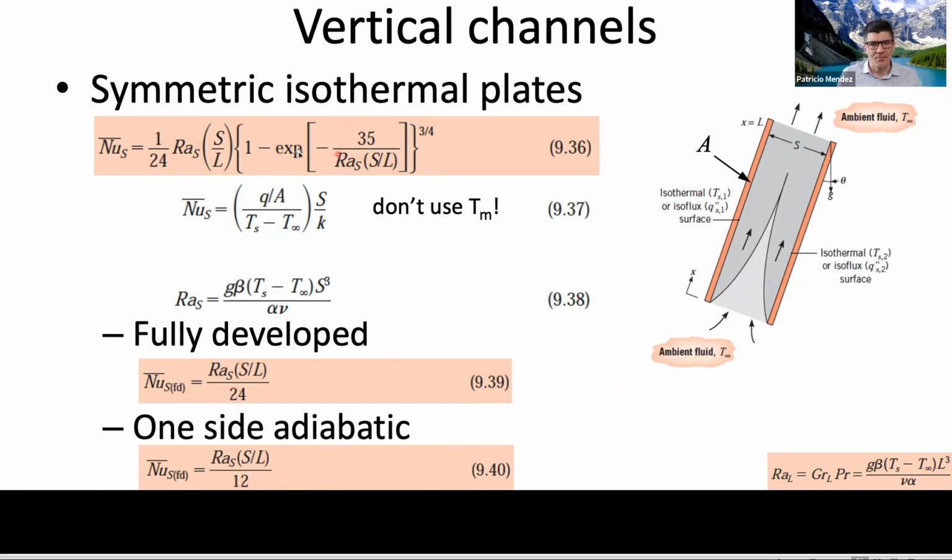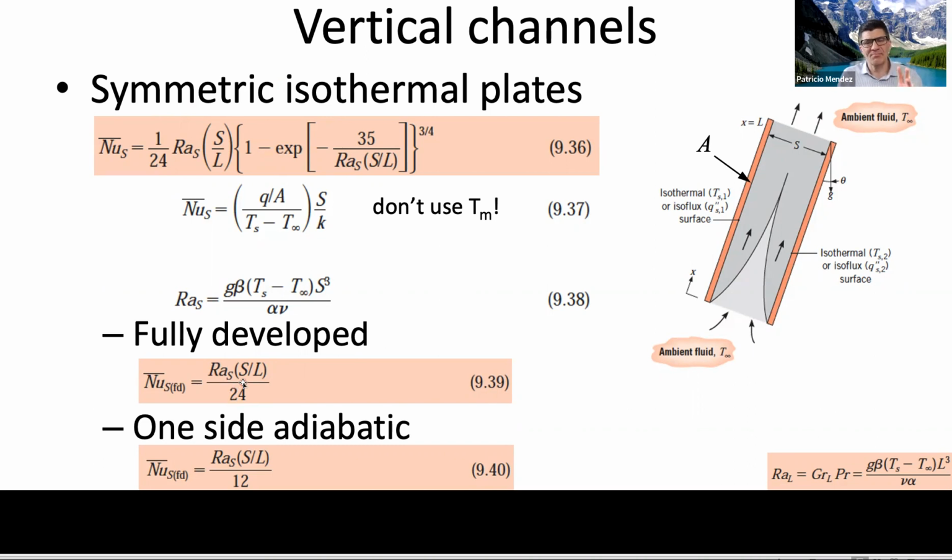This one on top looks more complex, but if we work together, you're going to see in reality it's not such a big deal. You see this bracket here that says 1 minus exponential of something? Let's forget about this bracket for a second and look at the front. It's 1 over 24 Rayleigh S over L. That's what we have here.